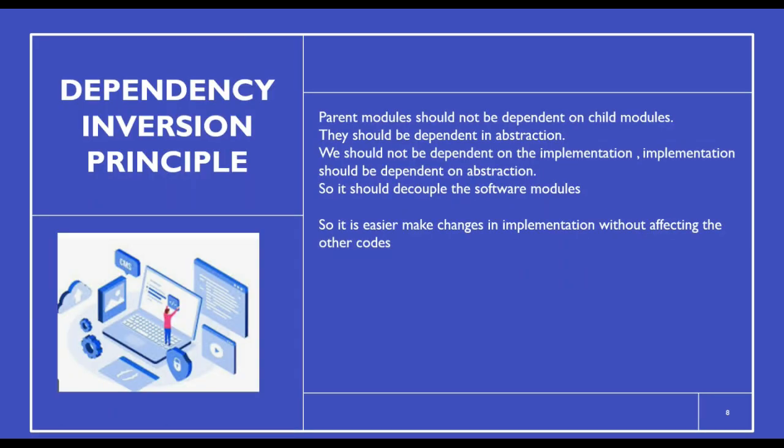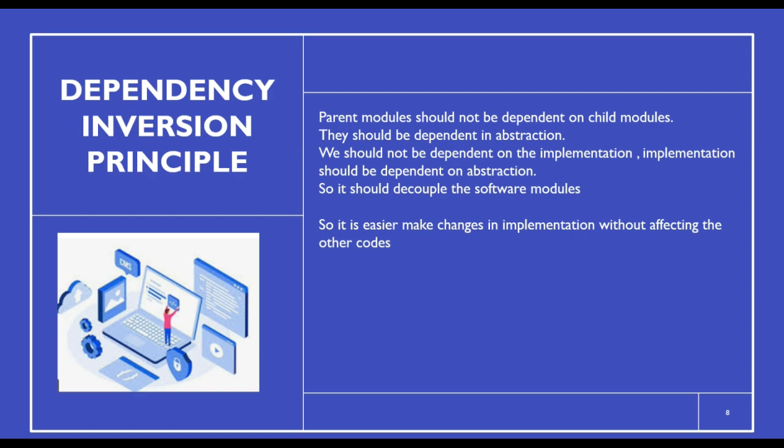Dependency inversion. This is one of the last principles in SOLID. It says that if there are high level modules and low level modules, the parent and the child class, the high level module should not be dependent on the low level modules.